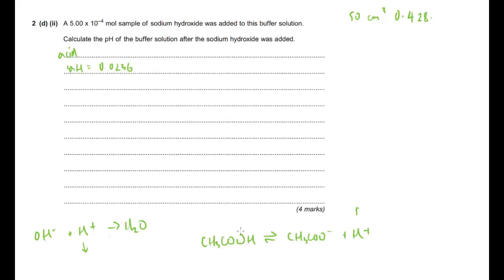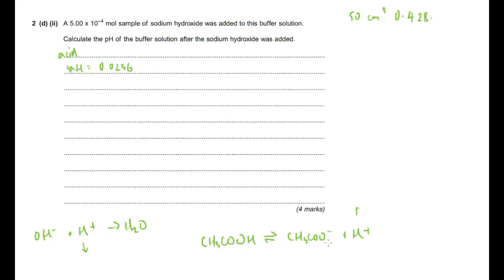The way to do this is it's going to go down by the same number of moles as there are of hydroxide added. We know that 5 times 10 to the minus 4 moles of sodium hydroxide were added to this buffer solution, which means that 5 times 10 to the minus 4 moles of H+ will react. We can assume they will be replaced by 5 times 10 to the minus 4 moles of this dissociating, which would give me another 5 times 10 to the minus 4 moles of this.